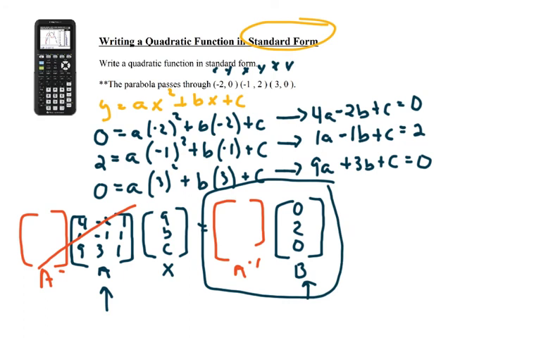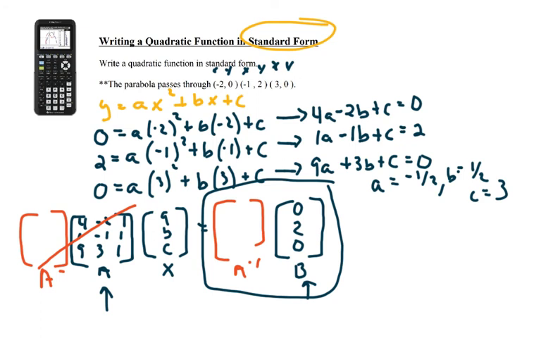When you do that, you will discover, and I'd like for you to put that in your calculator and do it, you're going to discover that A is going to equal -1/2, B is going to equal 1/2, and C is going to equal 3.